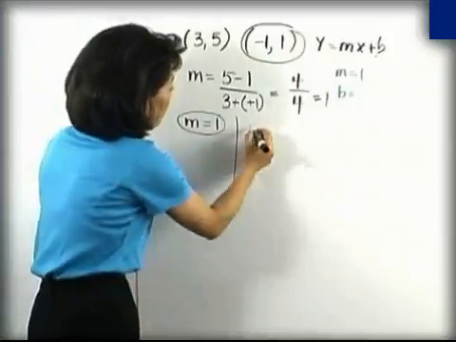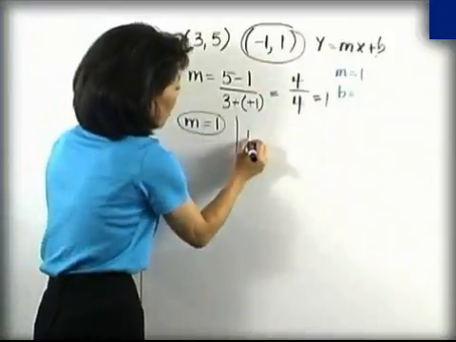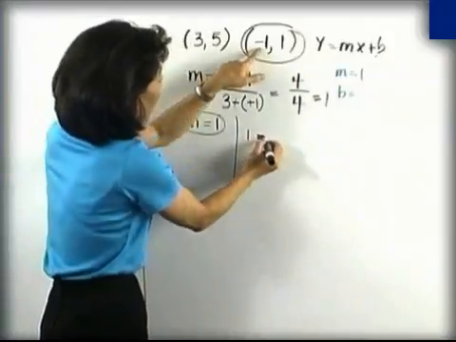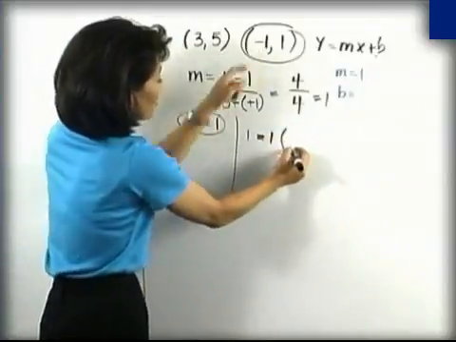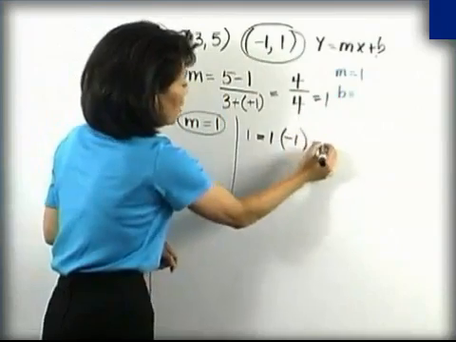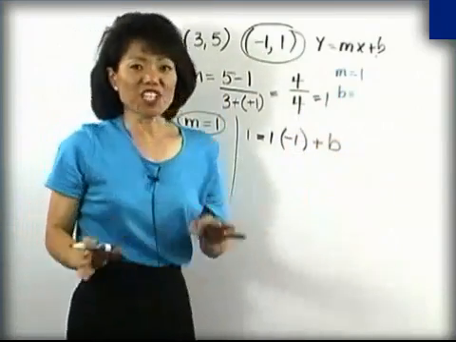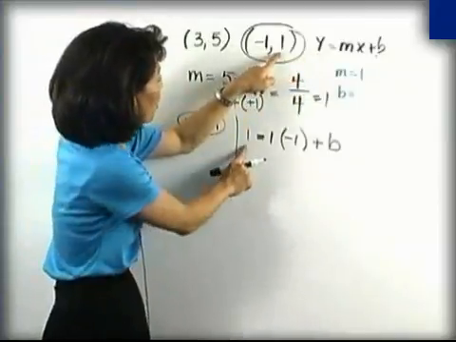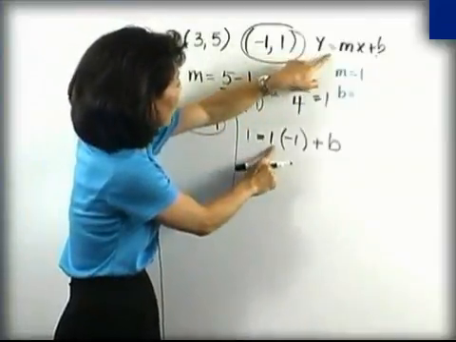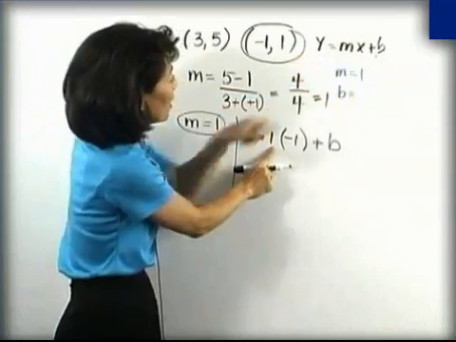Let's do it. We have y, 1, equals m, which we just found to be 1, times x, here it is, -1, plus b. Wait a minute, that's a lot of ones. Let's check to make sure we didn't make a mistake there. We've got y, which here is 1, equals m, we found to be 1.